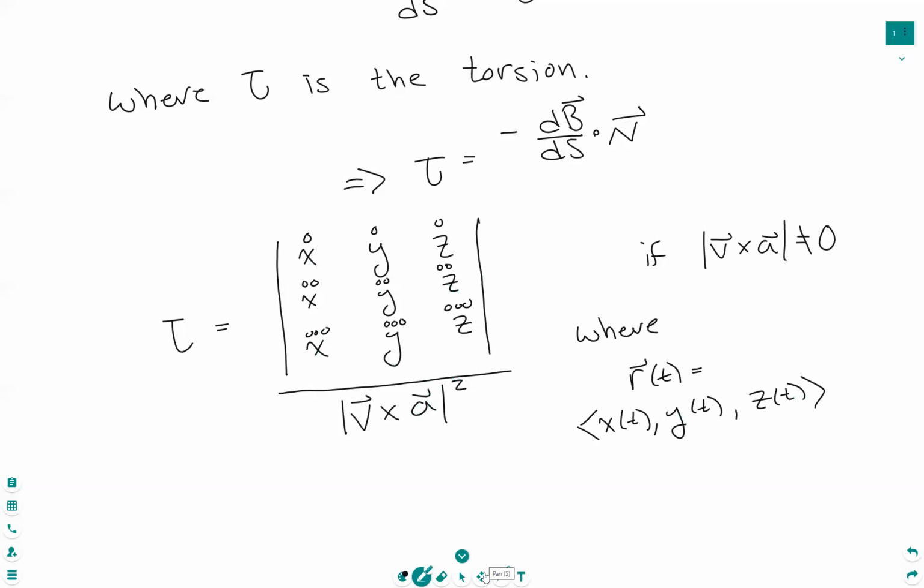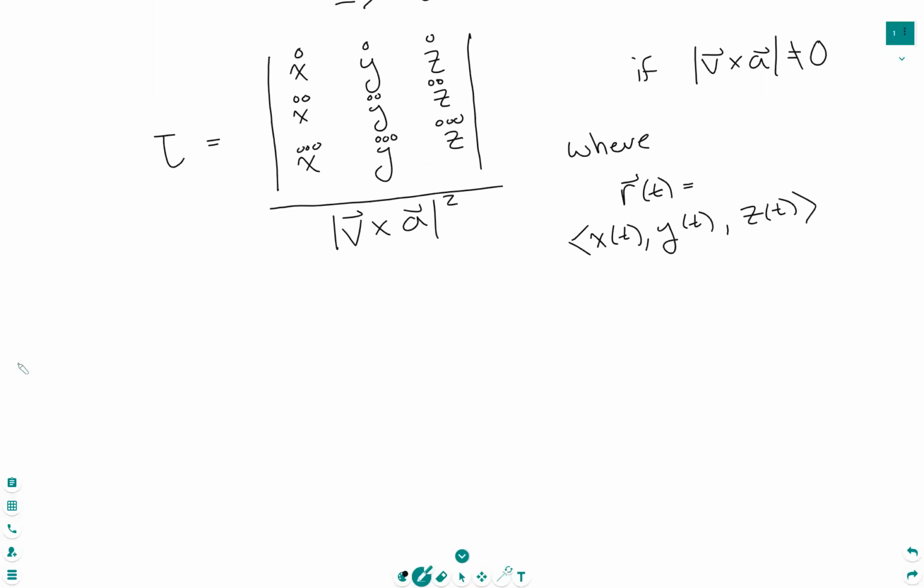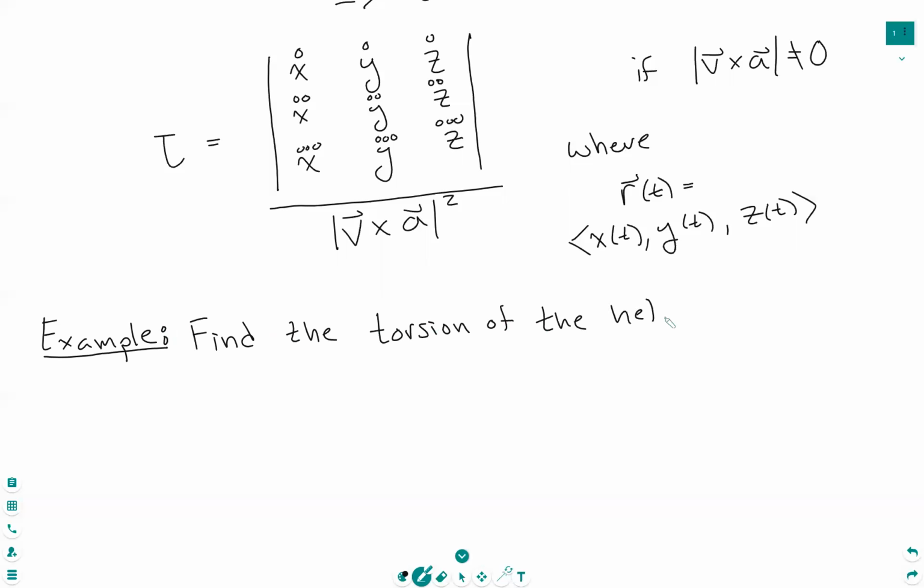Okay, so let's do an example. Let's calculate it. So I'll write the prompt here while people can scribble that down. So our example is: find the torsion of the helix.